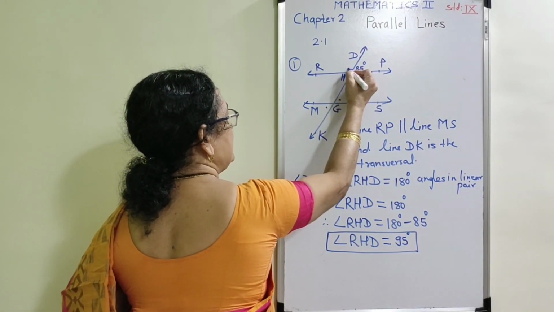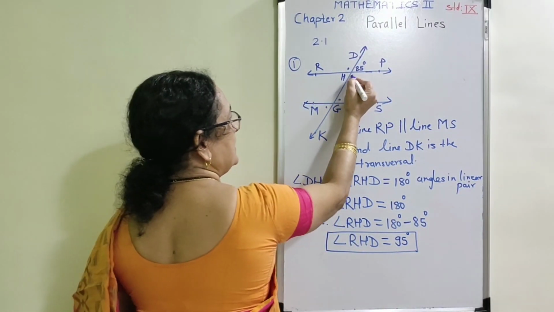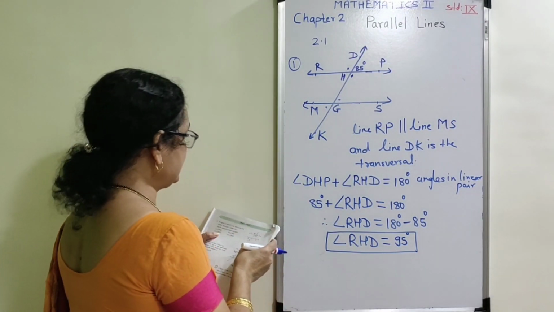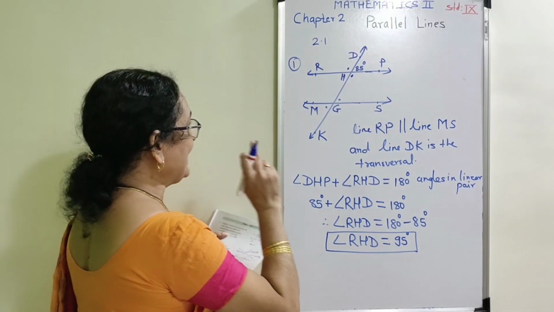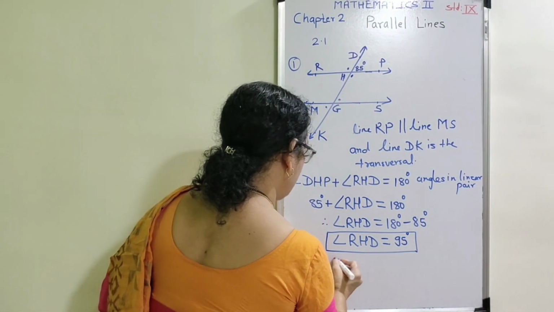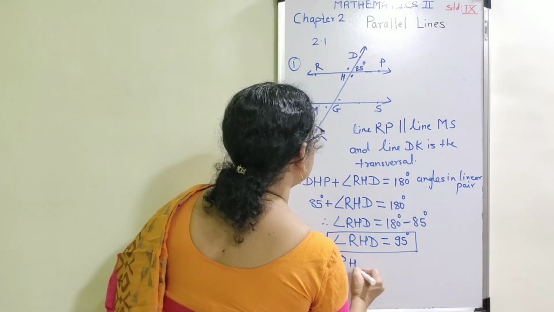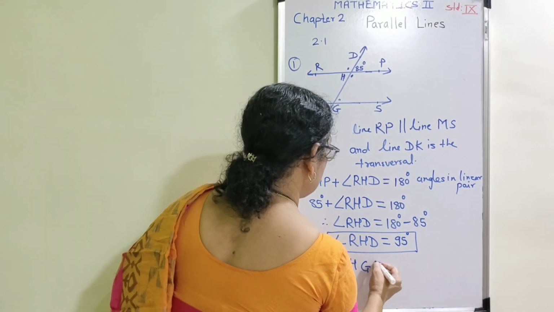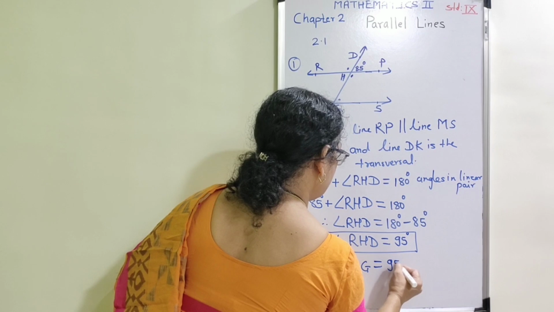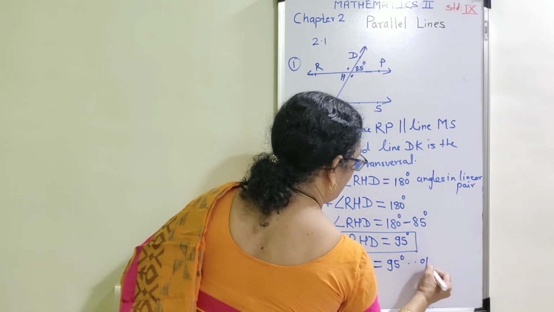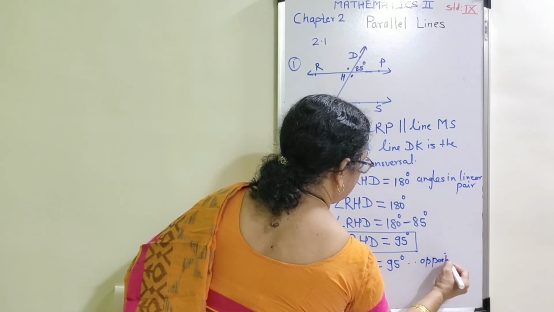When I write 95 degrees here, the second angle, which is given as angle PHG, is also equal to 95 degrees. The reason is opposite angles.